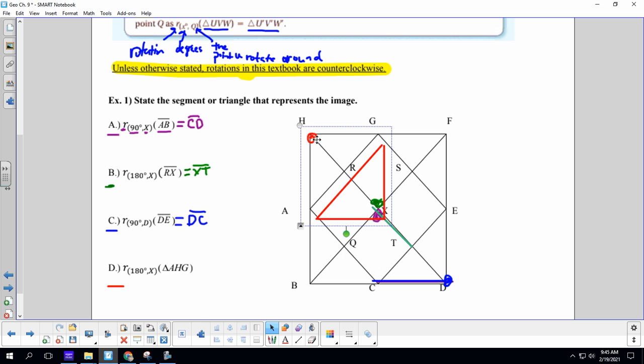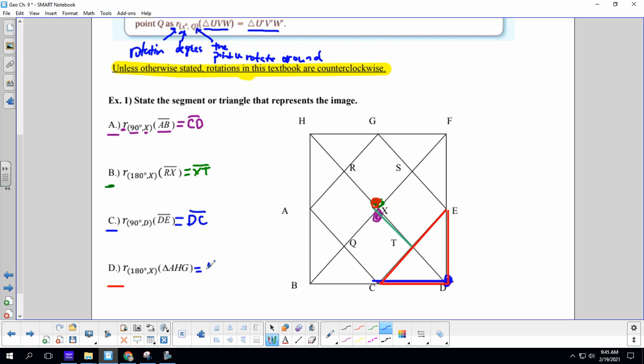And let's line up our point. We did it around X. So when we go 180, we end up not with AHG, but with EDC. So it equals triangle EDC.